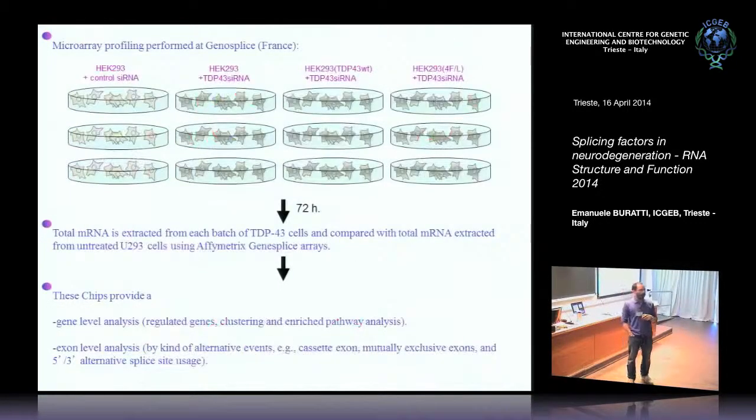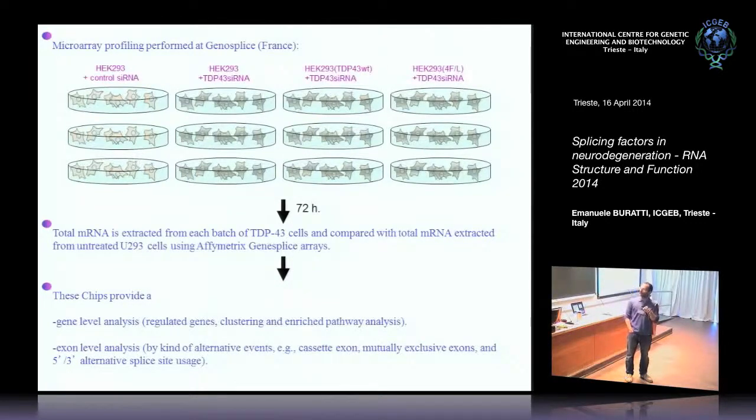So, because we are a splicing laboratory, as I said in my first talk during this meeting, what we were most interested in is to see what happens during splicing, right? And one way of doing this, in a very general manner, is to use microarrays.